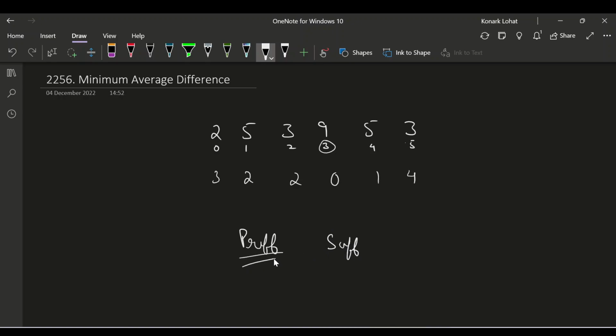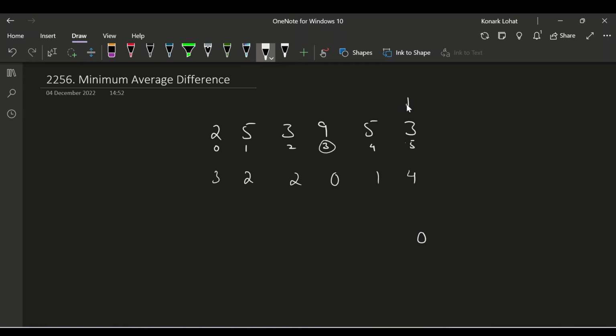Now prefix sum can be maintained while traversing the elements, while creating the average differences of 0 to n elements. But suffix sum is something which needs to be pre-processed. So we will be pre-processing the suffix sum. So what do I mean by that? Let's create a suffix sum. Now suffix sum will be 3, and okay, so at this point we cannot have 3, right?